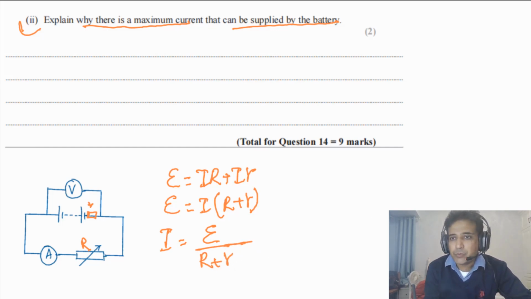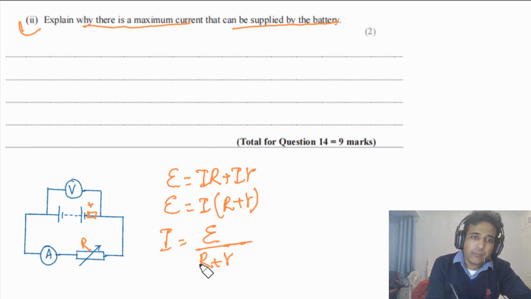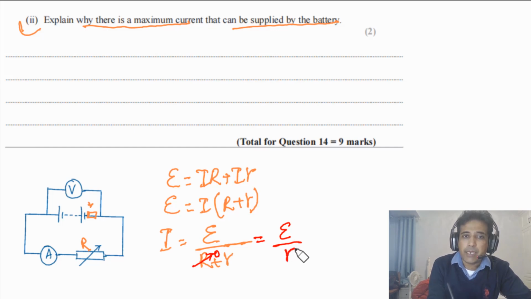So from here we can say that when the value of R approaches 0, meaning we decrease the resistance of this resistor to 0, what will we get? We will get EMF divided by r.